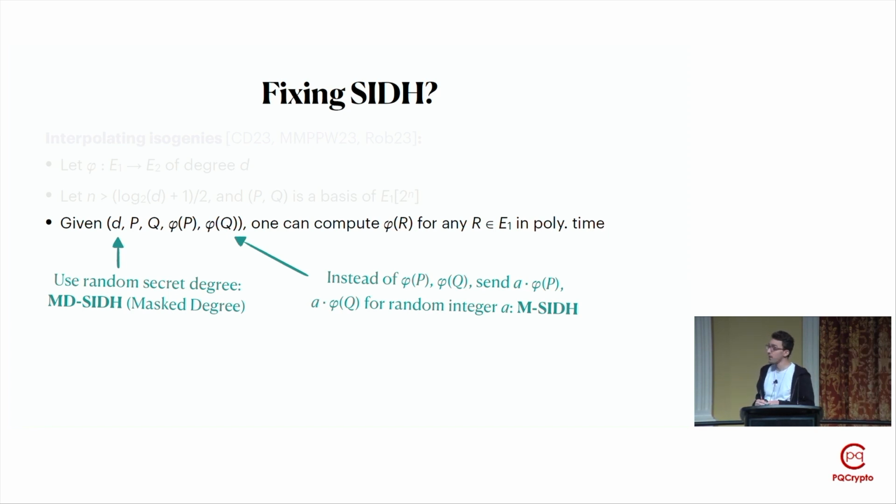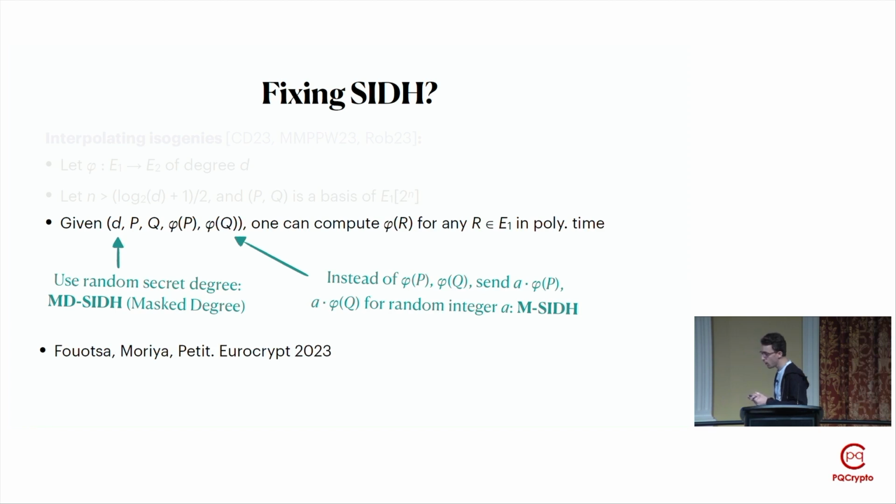But a subgroup is invariant under multiplication by a scalar. If you replace all the group elements by A times the group element, it's still the same subgroup. So she could just use A times phi P and A times phi Q as if they were the correct images, and she would recover her group up to a scalar, which is just the same group. And that leads to a proposal called masked SIDH.